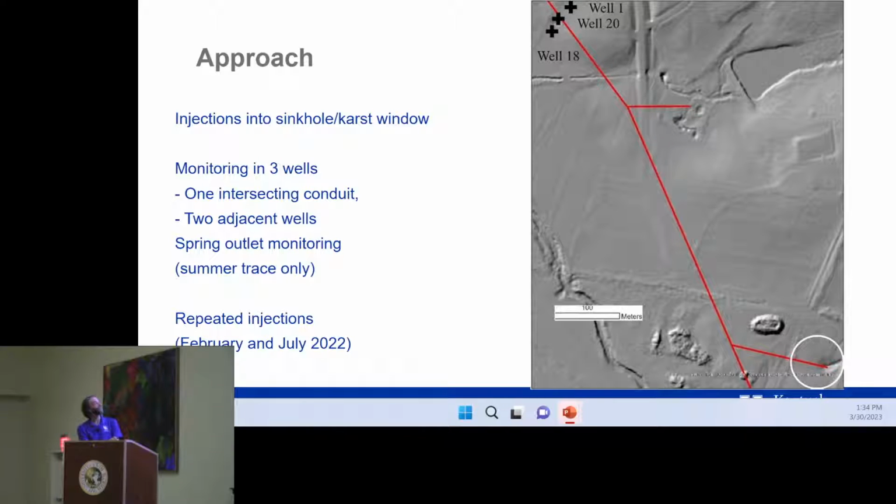We also instrumented two adjacent wells to the conduit that did not intersect the conduit directly. Then we conducted a dye trace in February and July of 2022. And more by luck than design, within 24 hours of the injection we had a fairly decent storm event that provided some additional information to really understand how these dyes are moving through the system.